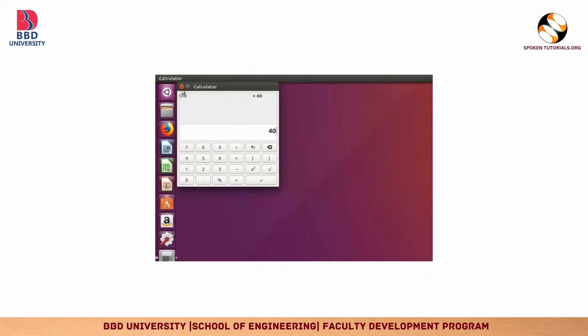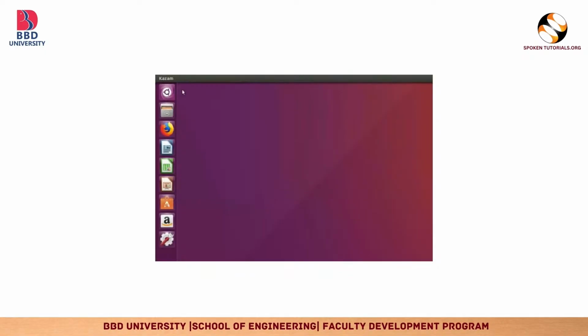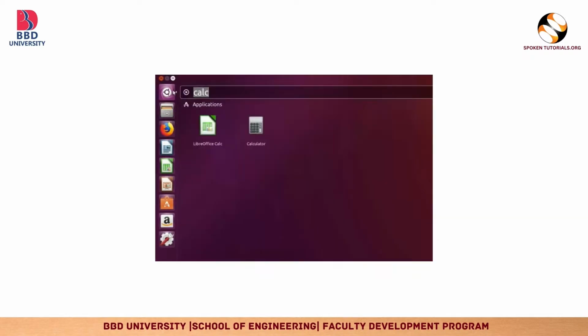Instead of clicking on the equal to sign, you can also press the enter key on the keyboard. The answer is displayed on the calculator. Likewise, we can do all sort of calculations using the calculator application. Now, exit this calculator by clicking on this tiny X icon at the top left of the window.